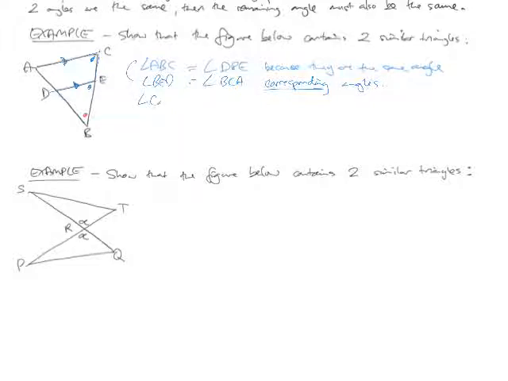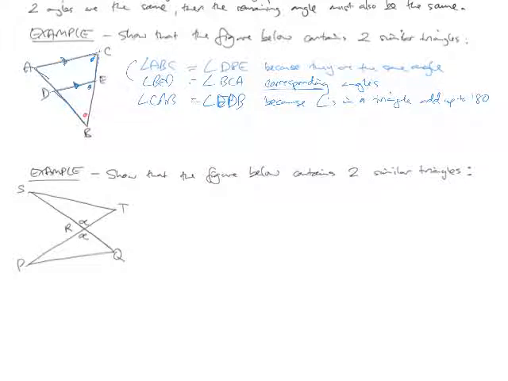Angle CAB is going to be equal to angle EDB, the last one left over, because angles in a triangle add up to 180.